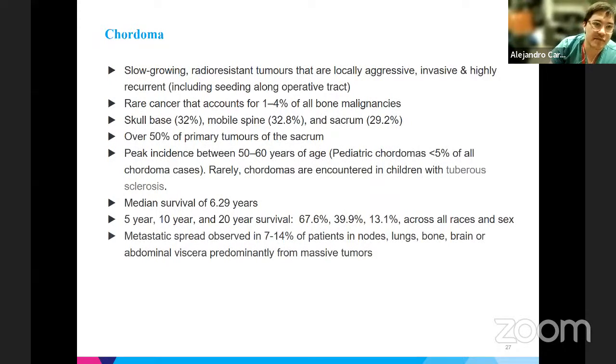So even though it is a benign tumor, it is so locally aggressive that large, wide excision is the primary treatment when possible. And there are limited chemo and radiation options for these tumors.